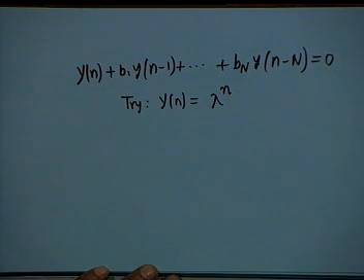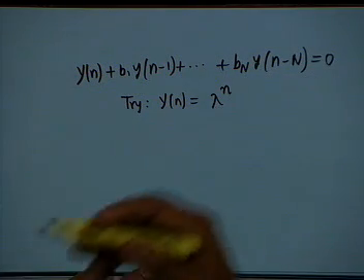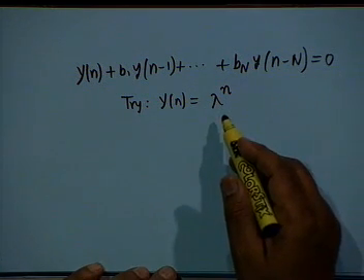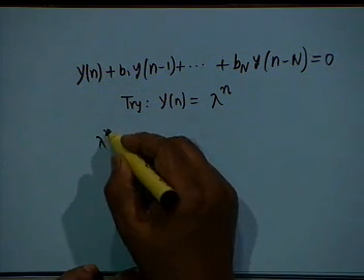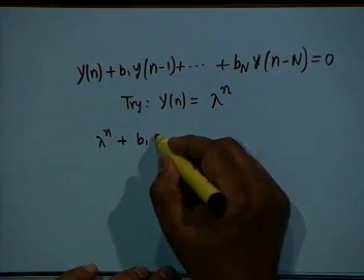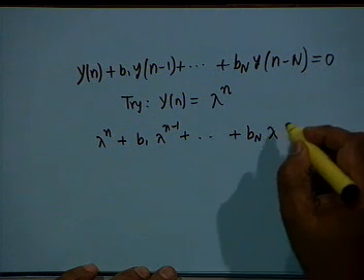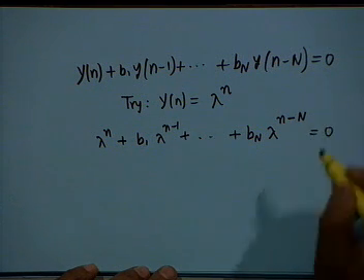In the analog or continuous time case, you say e to the power mt or e to the power mx. This is also an exponential. Lambda can always be written as e to the power m. Agreed? This is also an exponential, but we do not have to show it explicitly. Our lambda to the power n is good enough. If you put this in this equation, then you get lambda to the power n plus b1 lambda to the power n minus 1 and so on, plus bN lambda to the power n minus capital N equal to 0.